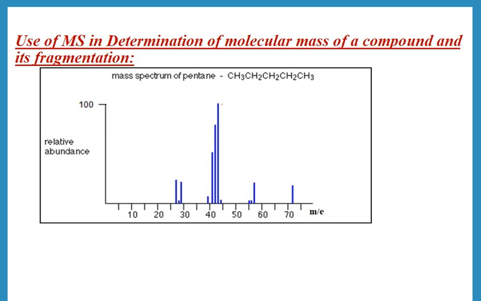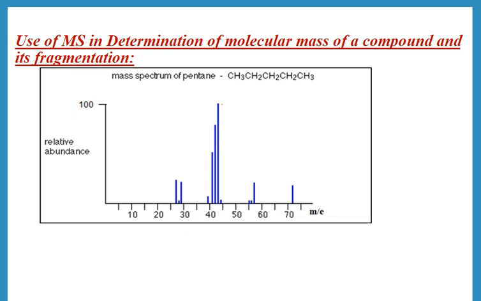A mass spectrometer will give you a spectrum that looks something like this. So in this case, we're analyzing a compound. In this case, we're analyzing pentane. Pentane, if you remember from previous years, is an alkane. It is made up of 5 carbons and how many hydrogens? 12 hydrogens.